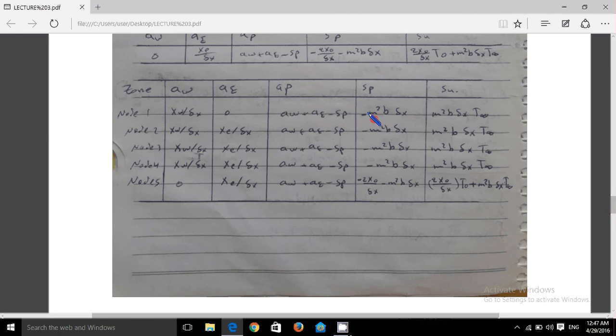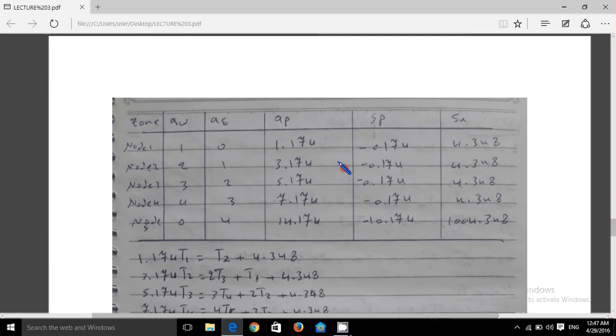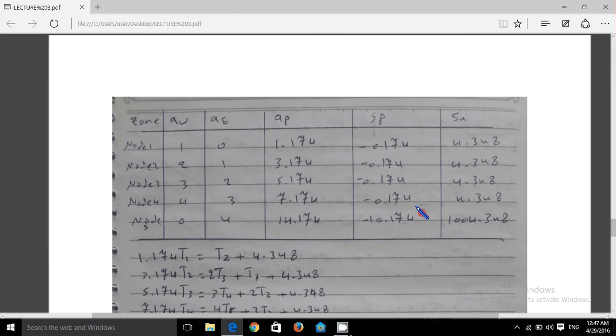Sp is equal to minus the source term without its temperature. So I will just substitute the numbers in this table, and I will have these numbers.